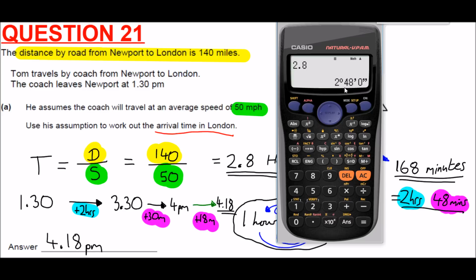So now what we can do, because the time's going to be 2 hours and 48 minutes of travel, we can add this on to 1 hour 30. So I'm going to show you how you can type in 1 hour 30 on your calculator. So do plus, because we're adding it on. Press 1.